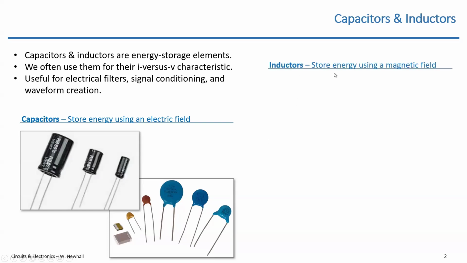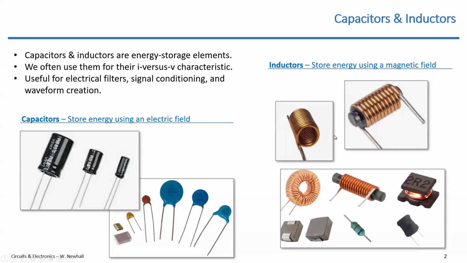For inductors, inductors store energy in the form of their magnetic field. They create a magnetic field, and that's how the energy is stored. Inductors are coils of wire. So here's a coil of wire, nothing in the center. That's an inductor of a certain inductance. Here's another inductor. It looks the same, but it has a core, right? That core might be some kind of ferrite material or ferrous material.